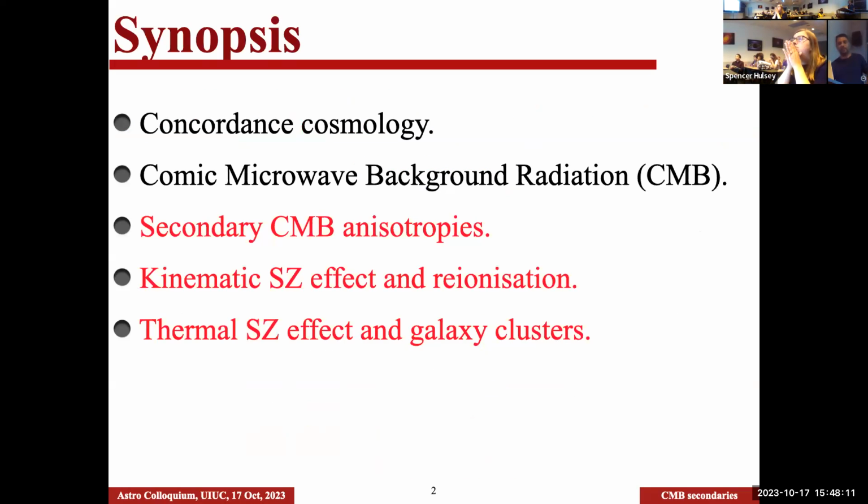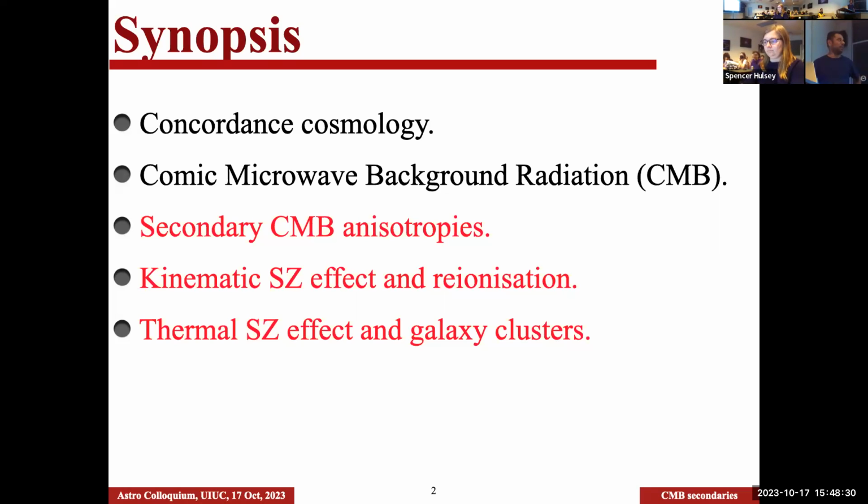Okay, so this is the outline of my talk. I'll give a very brief overview of concordance cosmology, and then introduce the CMB, the cosmic microwave background. I'll tell a little bit about the primary anisotropies of the CMB, but then go into detail about the secondary anisotropies.